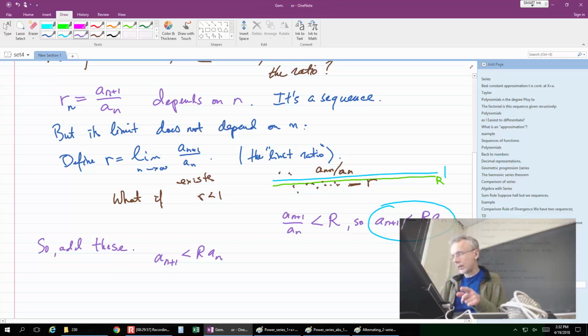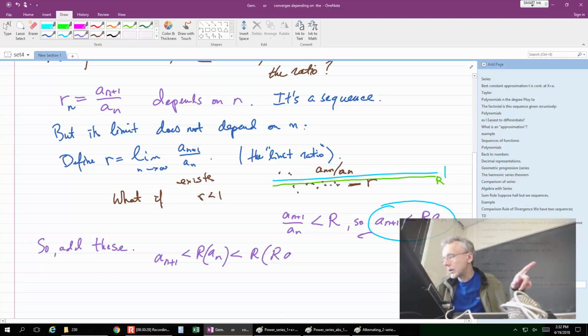Now if I take this inequality and apply it several times, I'll keep applying it. I did express a_{n+1} in terms of a_n. Now I'm expressing a_n in terms of a_{n-1}: a_n is less than R times a_{n-1}.